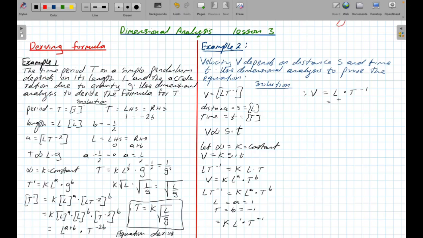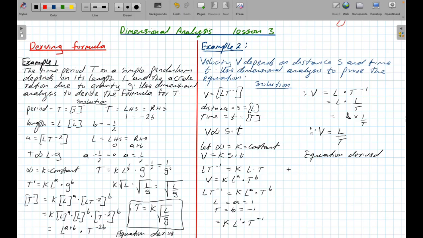We can express this as L multiplied by the inverse of t, which is 1 over t. Therefore, v equals L over t. Equation proved. Equation derived. And velocity is equal to displacement over time taken.